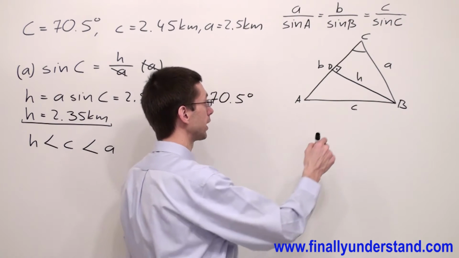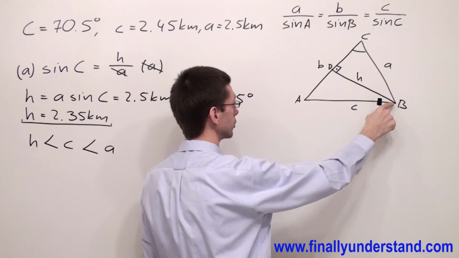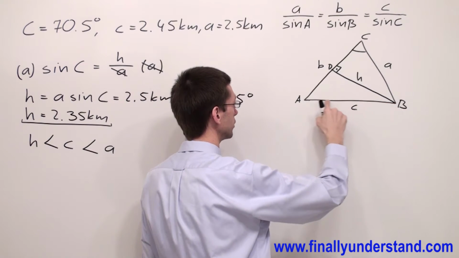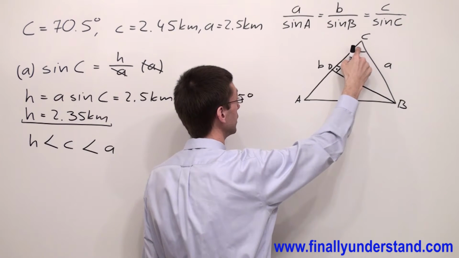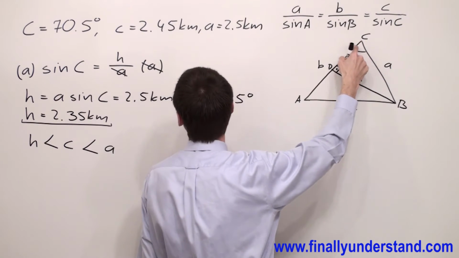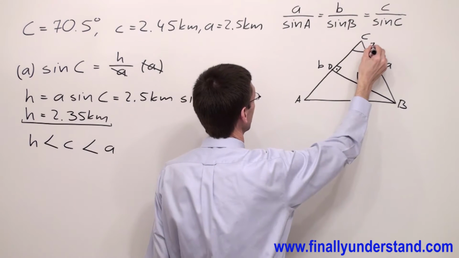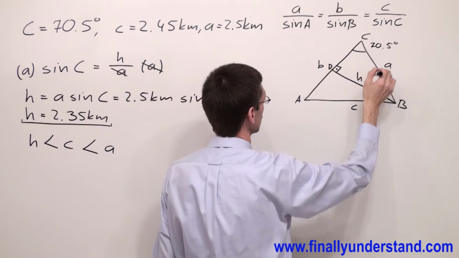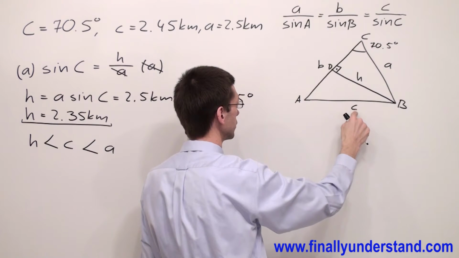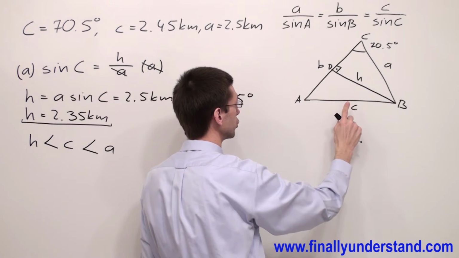So we can have two solutions, because we can make the triangle like this. Remember, we're supposed to always keep this angle the same as was given. It has to be always 70.5 degrees. So if you are going to have an angle like this, this is going to be one solution.